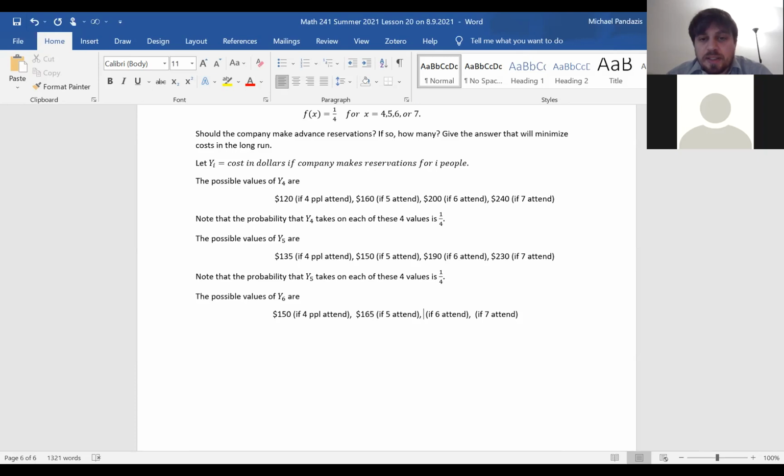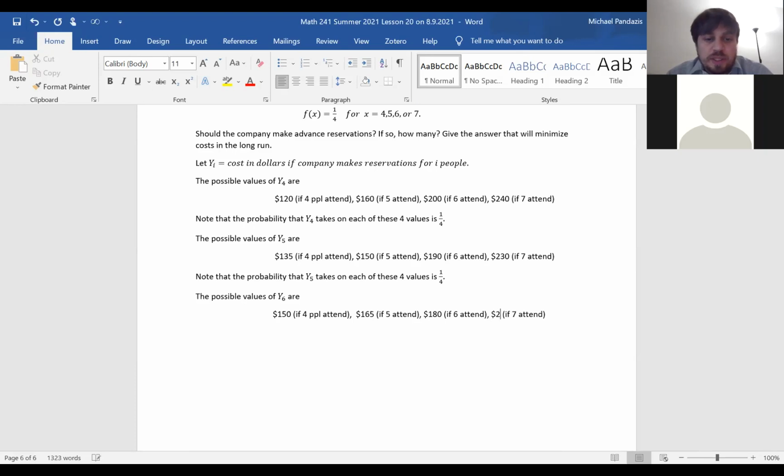If 6 people attend, then they hit the mark perfectly. They bought 6 in advance, 6 attended, so 6 times 30 is 180. That's $180. And if 7 people attend, then they made 6 in advance. That's still 180, but then they pay the regular rate for the last person, which is 40.